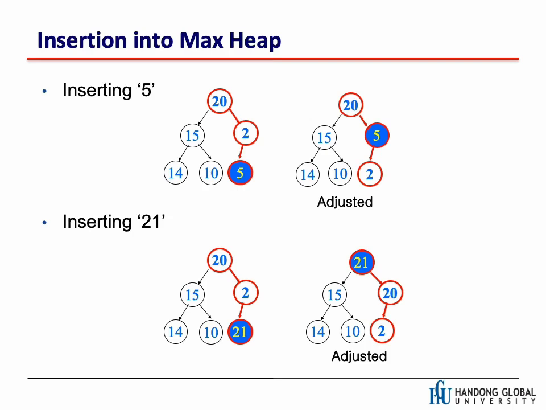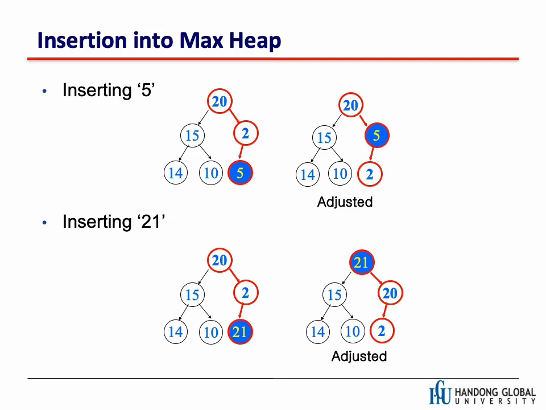Okay, so let's try one more thing. In the first example, we just added 5. And now, from this graph, let's add 31. What should we do? In the first step, 31 should be the right child of 5. Then 31 is larger than 5, so we swap.